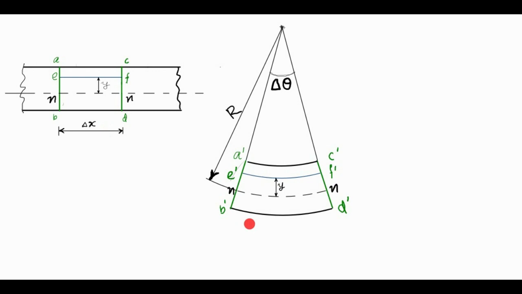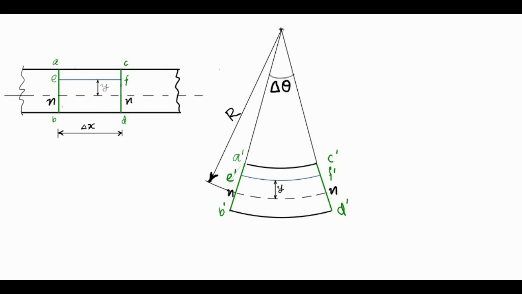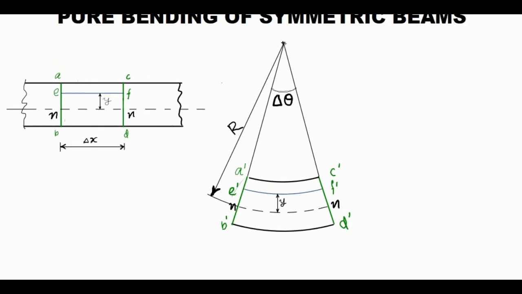Now after deformation what will happen? Since this is of very small distance delta x, we can assume these curves represent arcs of a circle. B dash D dash is an arc of a circle, and N dash will be an arc of another circle, E dash F dash will be an arc of another circle, A dash C dash will be an arc of another circle.